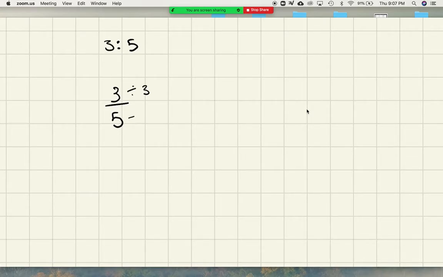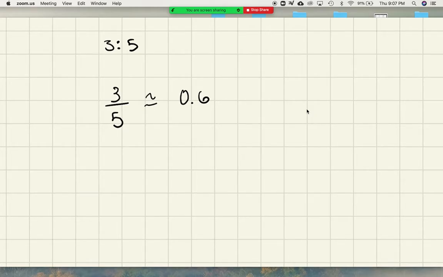But I could get this as a decimal, and 3 divided by 5 would be 0.6. And that doesn't mean that there are 3 girls in the class and 5 boys, which means a total of 8 students.